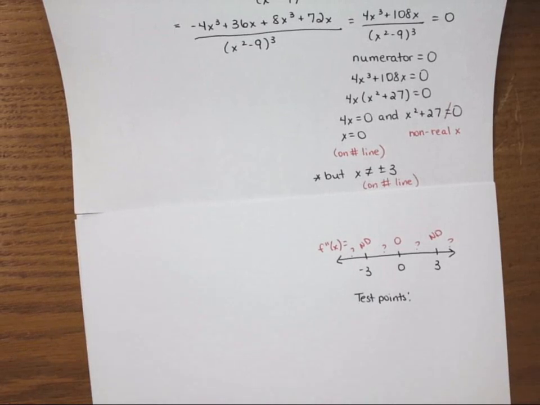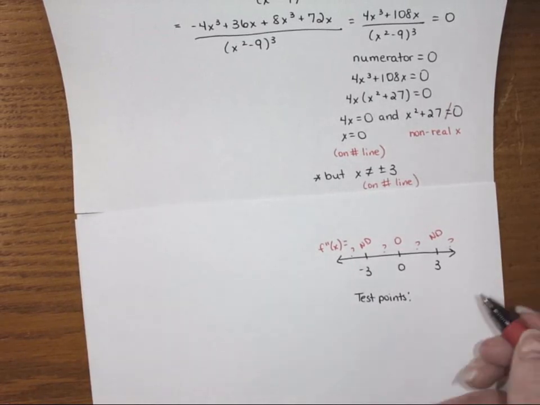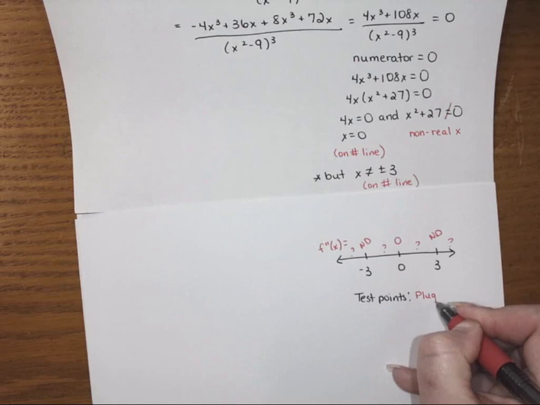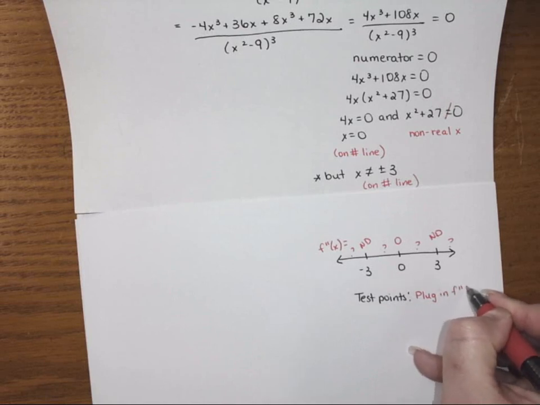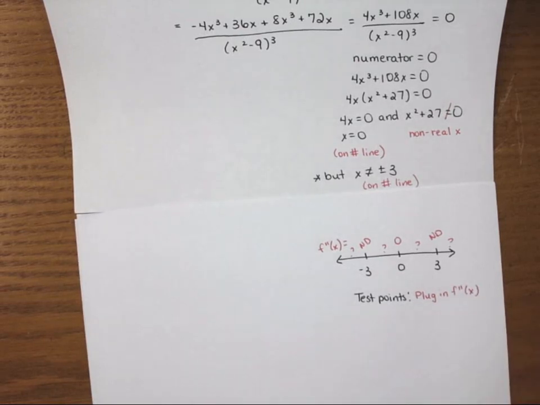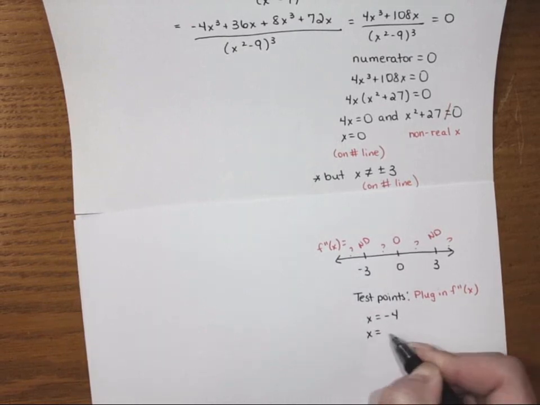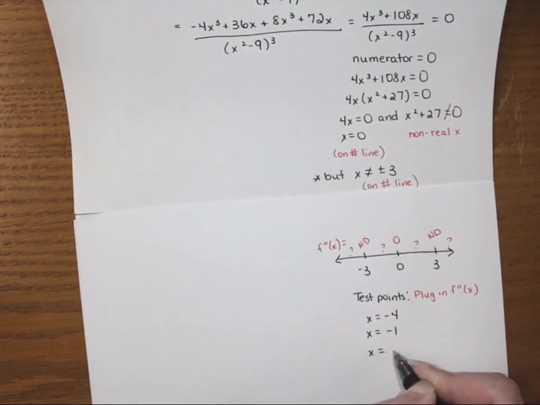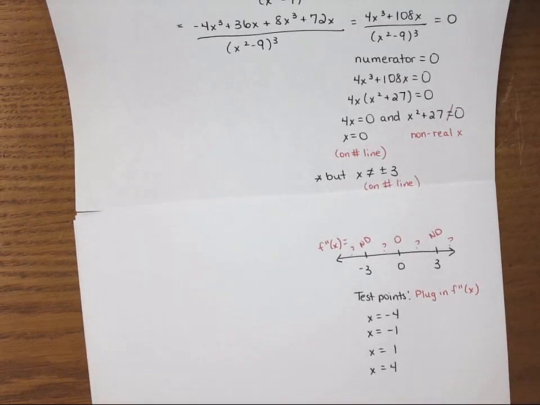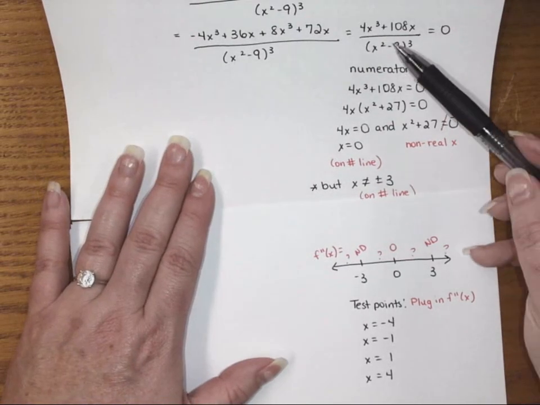And what are we going to do with these points? We're going to plug these points into the second derivative. So I would probably pick -4, maybe -1, maybe 1, and maybe 4. We're plugging all of those into the second derivative up here.